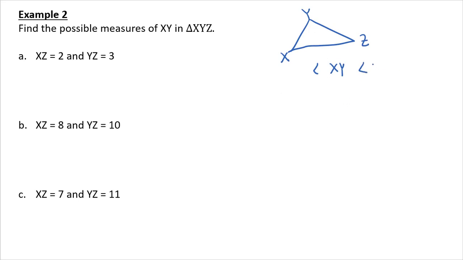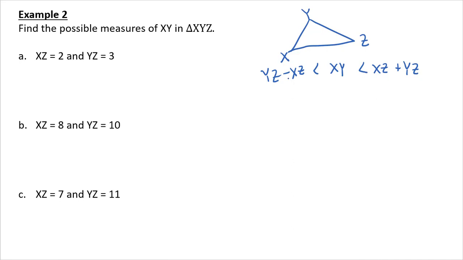You take the other two sides and you add them together, so XZ plus YZ. And then you take the sides and you subtract them. Always do the largest minus the smallest. I'm just going to use YZ minus XZ.